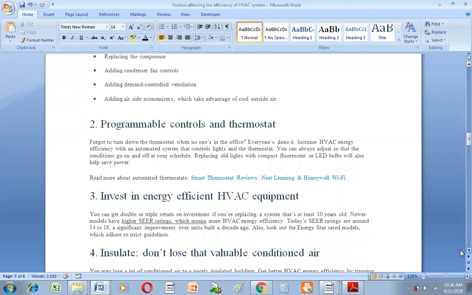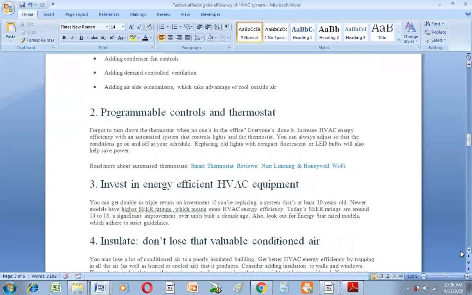The next is invest in energy efficient HVAC equipment. Instead of buying a regular HVAC system, you can buy a star rated HVAC system which is energy efficient and will consume less electricity to produce coolness.